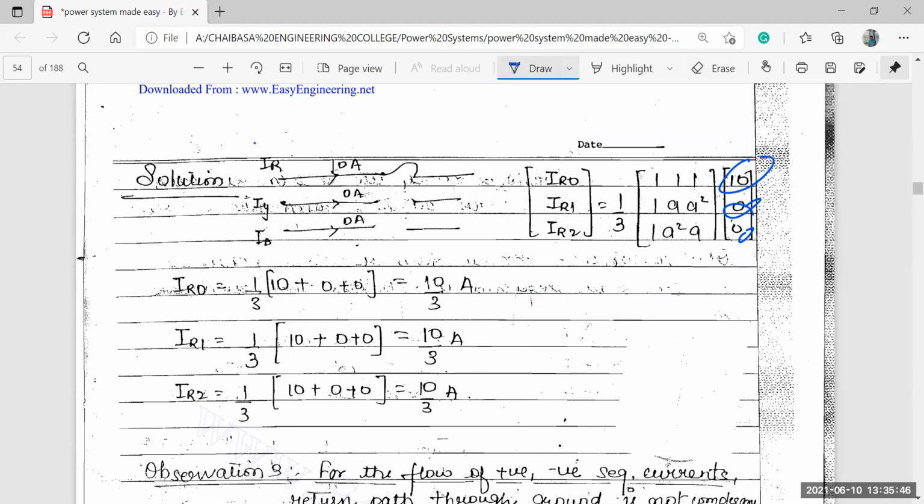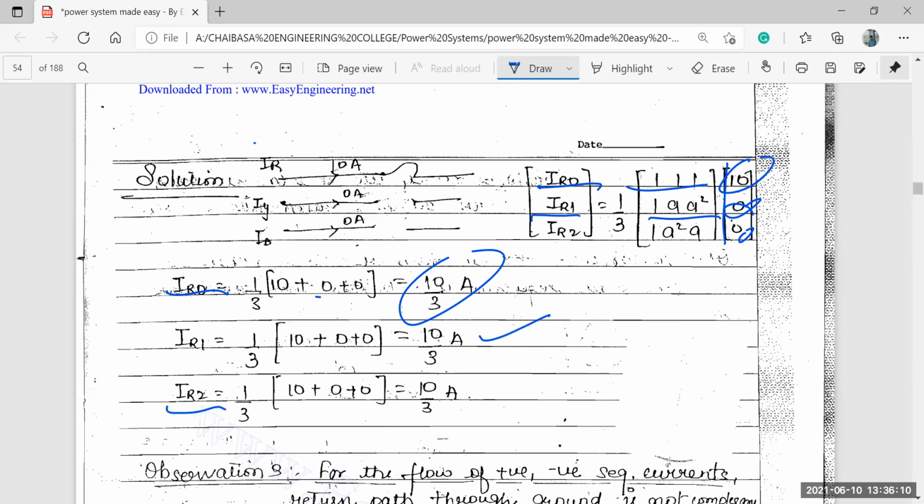In this particular segment, if we calculate this into this, we'll have 10 plus 0 plus 0 equals 10 by 3, that is IR0, so the zero sequence component is present. Then IR1 will be this into this, so again it will be 10 plus 0 plus 0, that is 10 by 3 ampere.